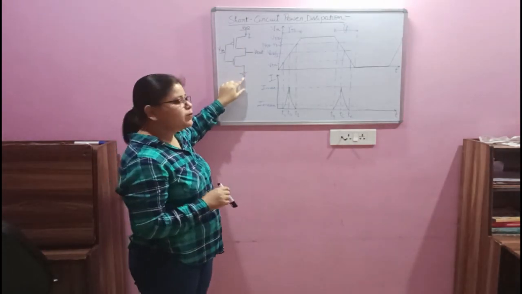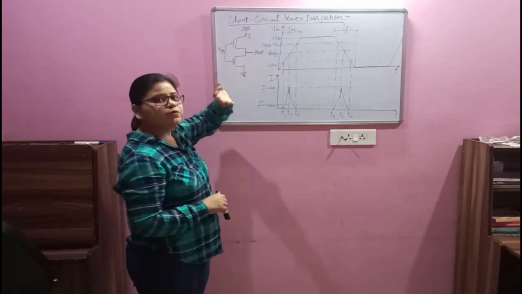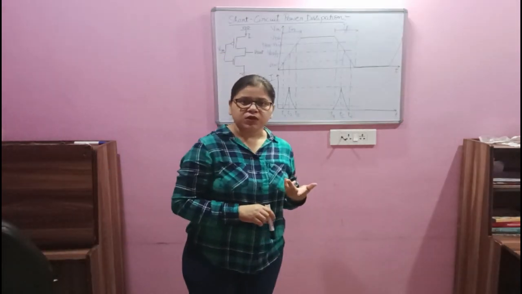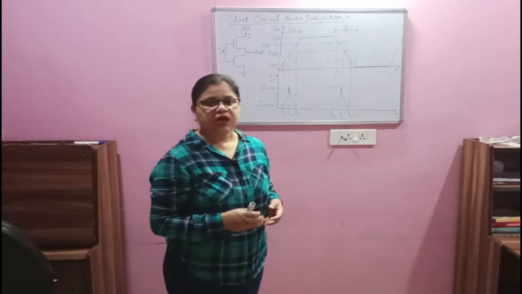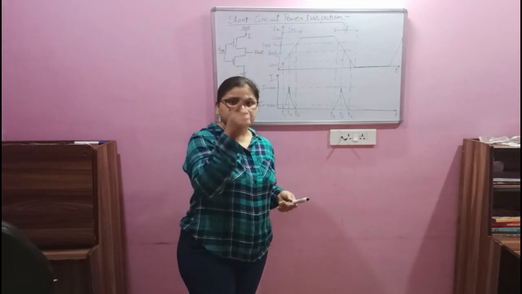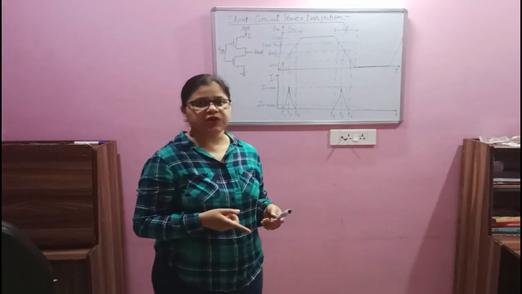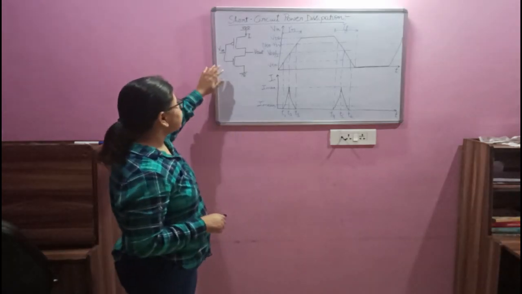And this is only possible when, for some time, suppose the pull up and pull down networks are both on. Then only this path will be completed from VDD to ground, and this is known as short circuit power dissipation because there is a short circuit between the supply voltage and the ground terminal.